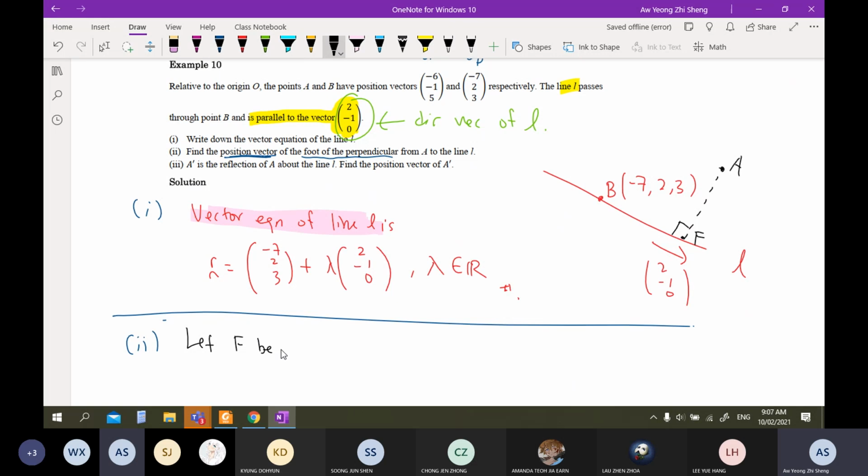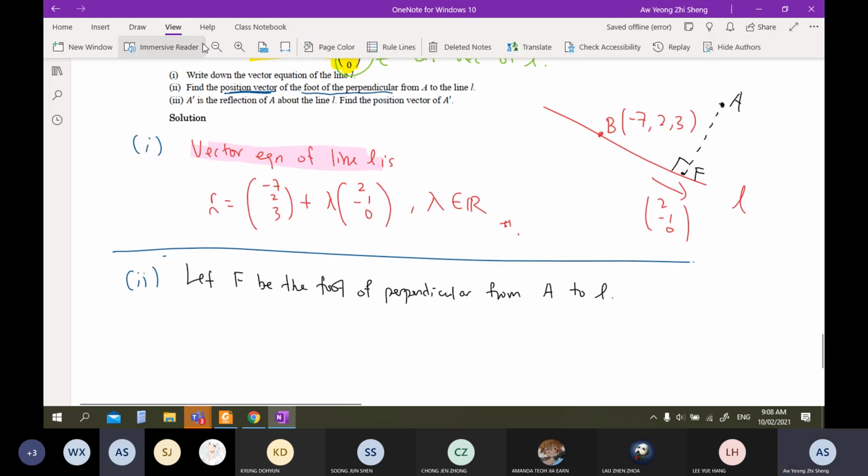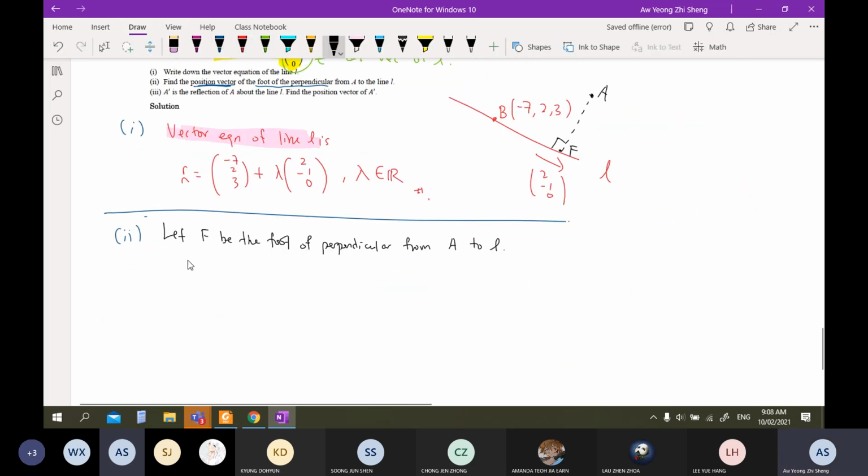So let F be the foot of perpendicular from A to line L. Then follow the usual procedure again, the 4 steps.